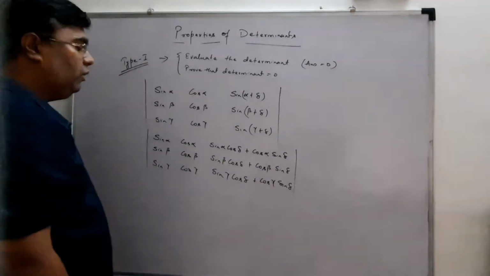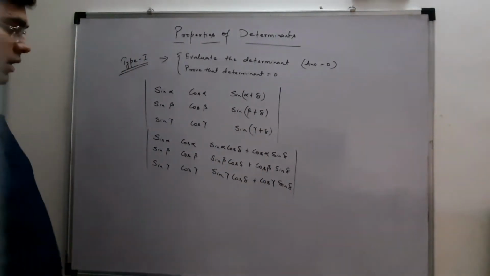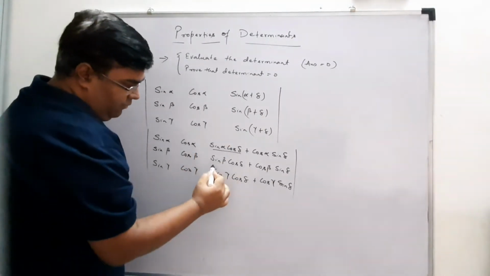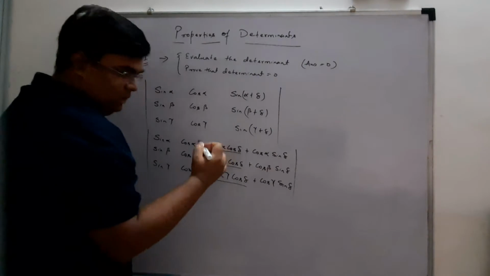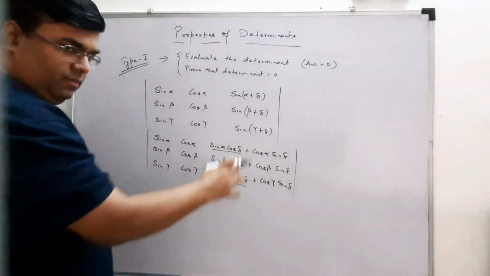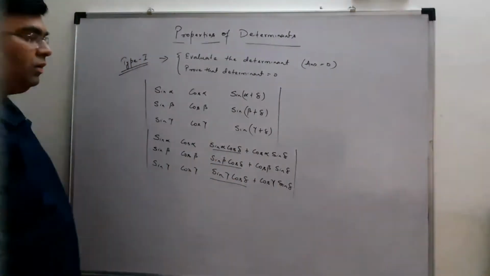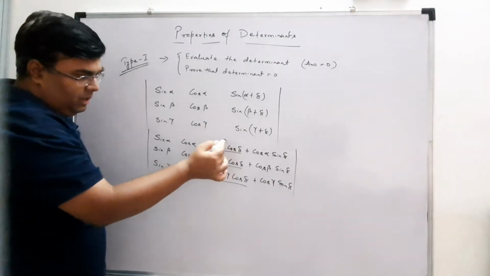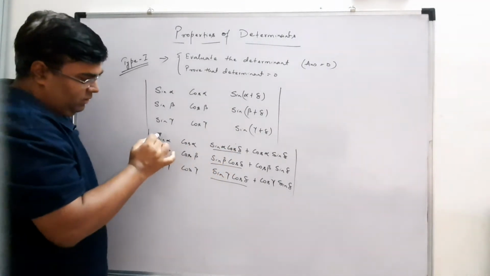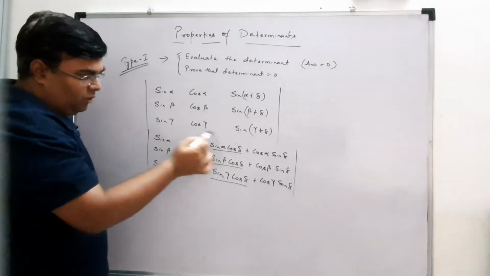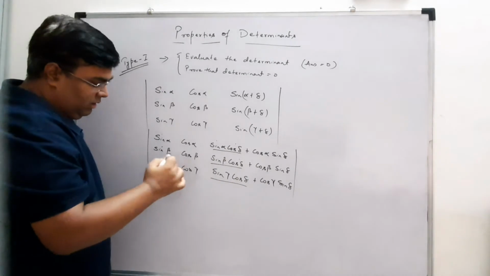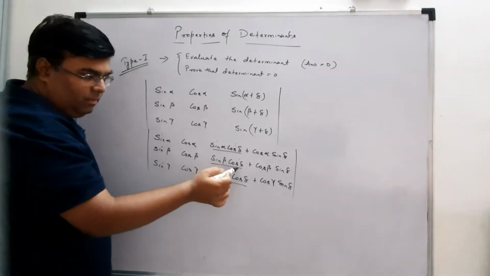Now if you see the first term of the whole expression, for all three rows, it is sin alpha multiplied by cos delta, sin beta multiplied by cos delta, sin gamma multiplied by cos delta.